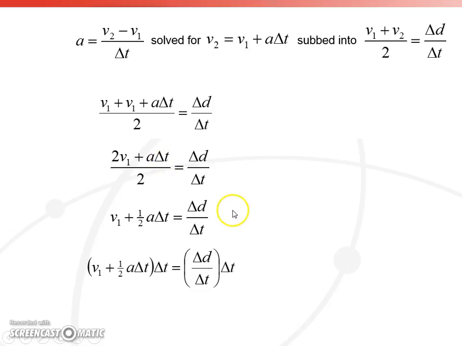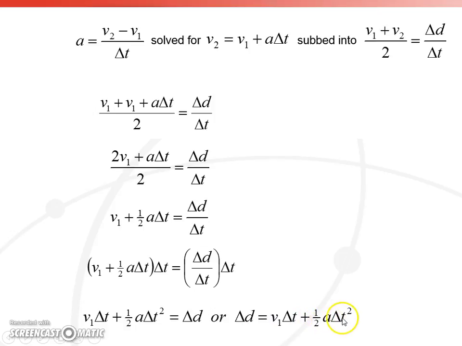But remember, we still want the distance. So we multiply both sides by delta t to get delta t off of the bottom, and we get our distance covered is v1 delta t plus 1/2 a delta t squared.